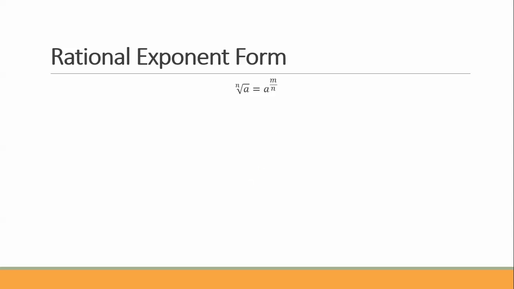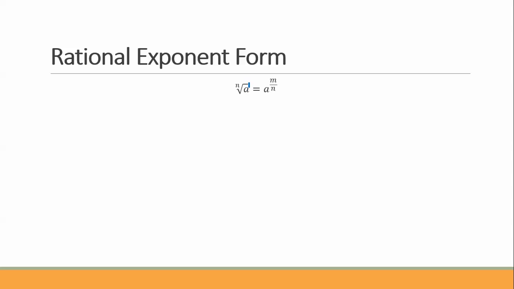Rational exponent form. We use rational exponent form when we need to manipulate things with different indices and we want the same base. The other reason we use rational exponent form is that sometimes it's just easier to simplify your exponents.